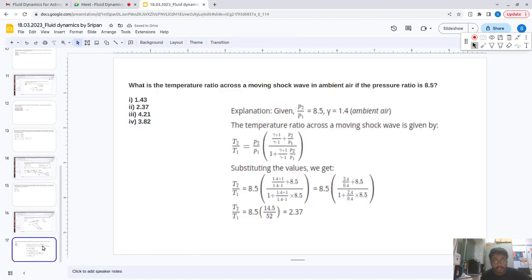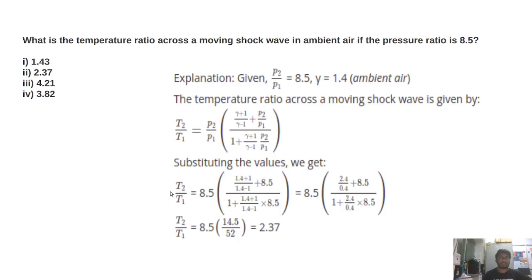Now there is another question here: what is the temperature ratio across a moving shock wave in ambient air if the pressure ratio is 8.5? So in a moving shock wave you will find this kind of equation, that T2 by T1 is given in terms of P2 by P1.